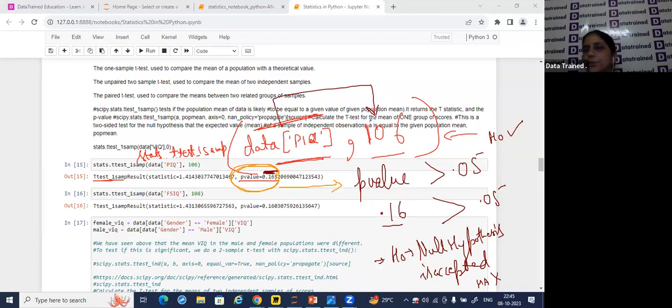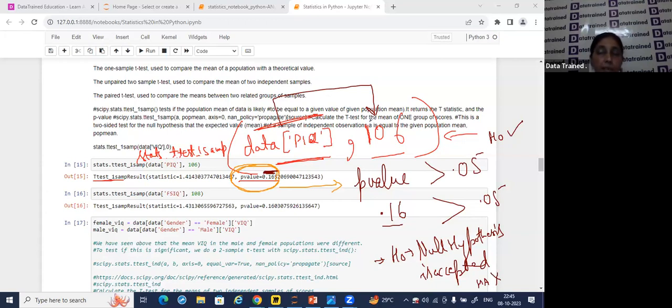This is true, because in the null hypothesis I had written that the two provided mean values of a given sample are identical.